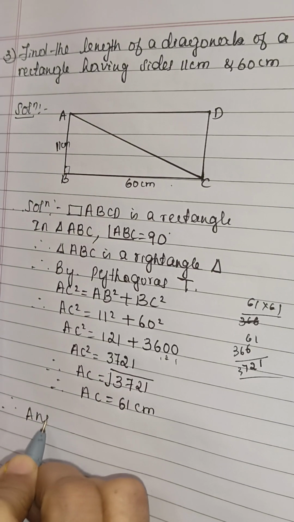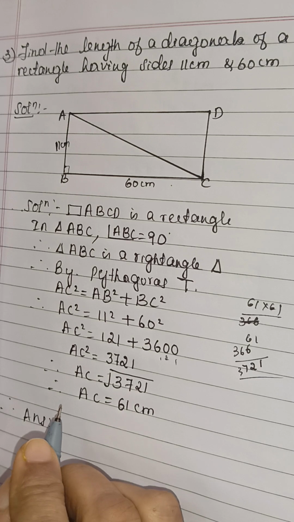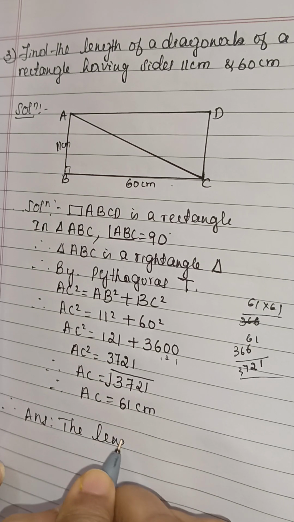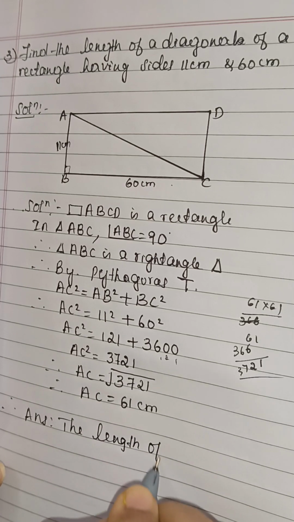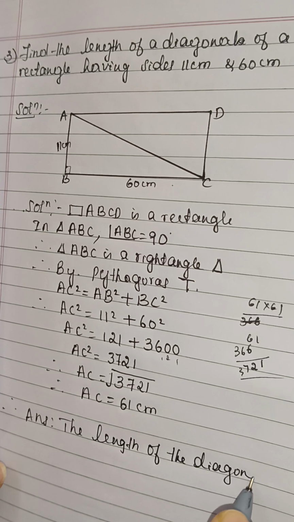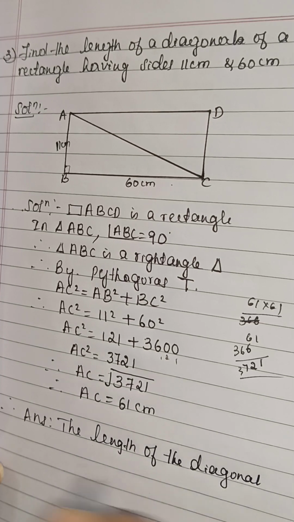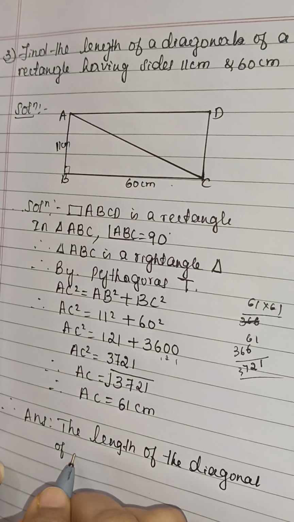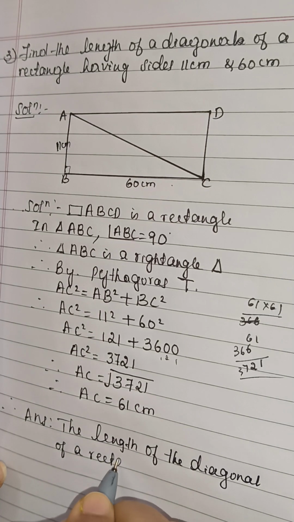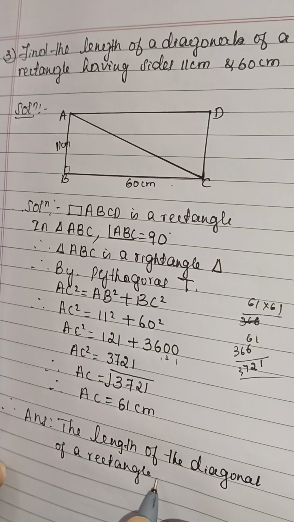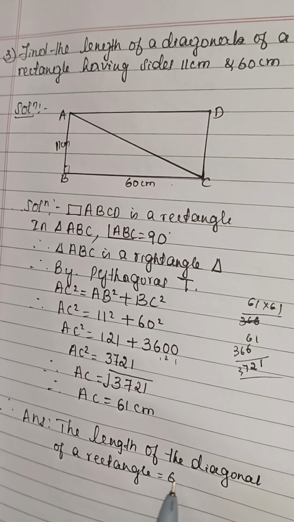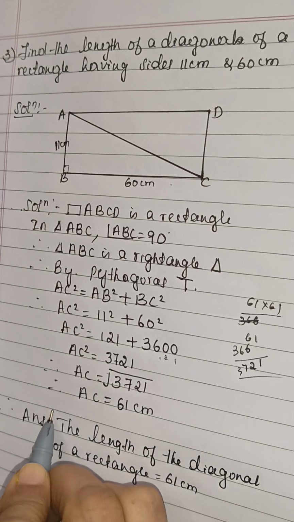Therefore, the length of the diagonal of a rectangle is 61 centimeter.